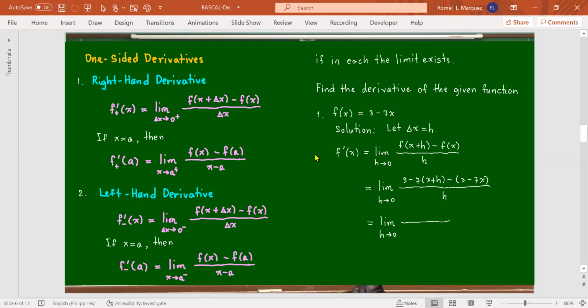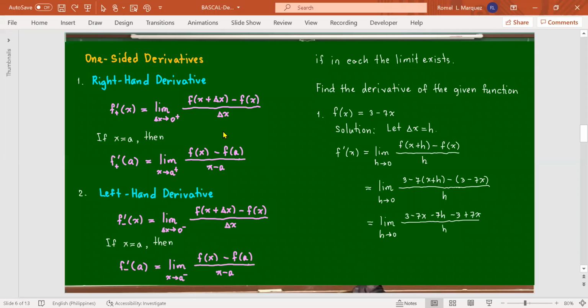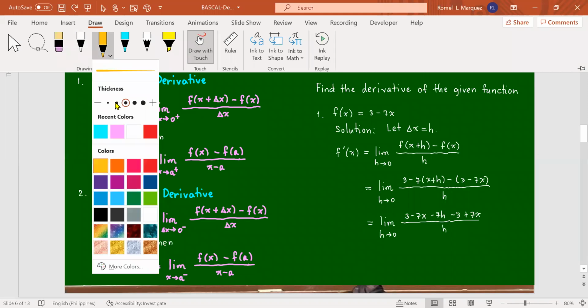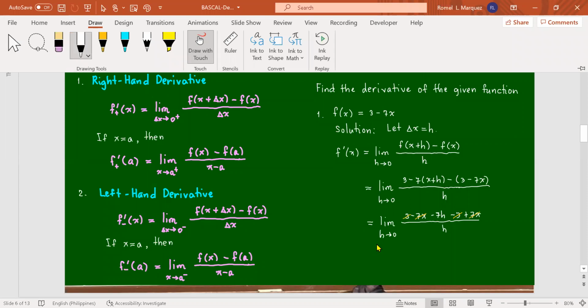Pag sinimplify natin yan, it is 3 minus 7x minus 7h minus 3 plus 7x. What are those terms that will cancel out, guys? 3 and -3 additive inverses. No more this additive inverses also. What are retained?